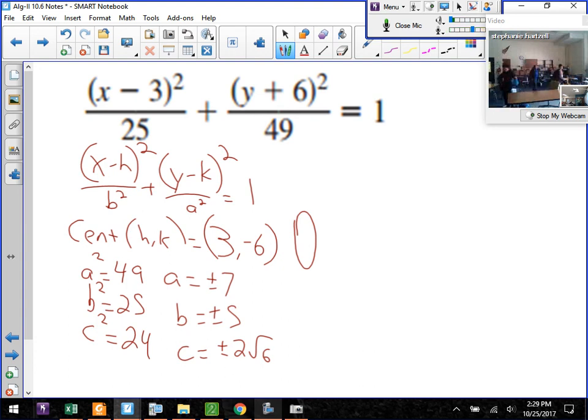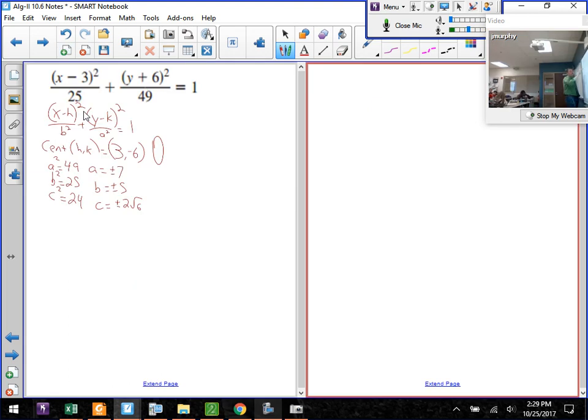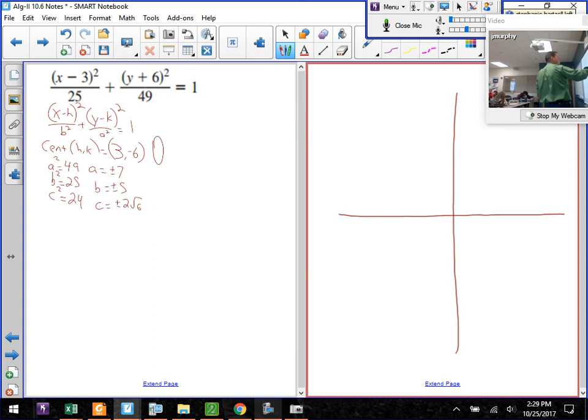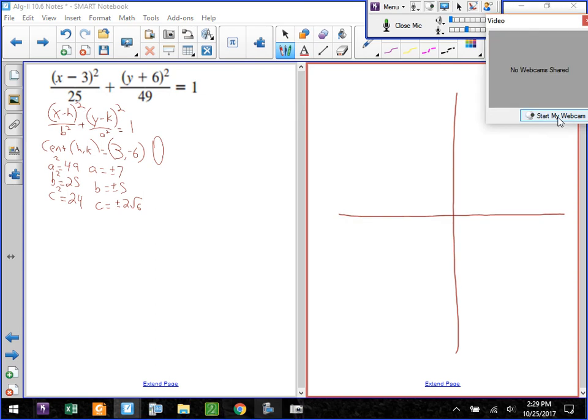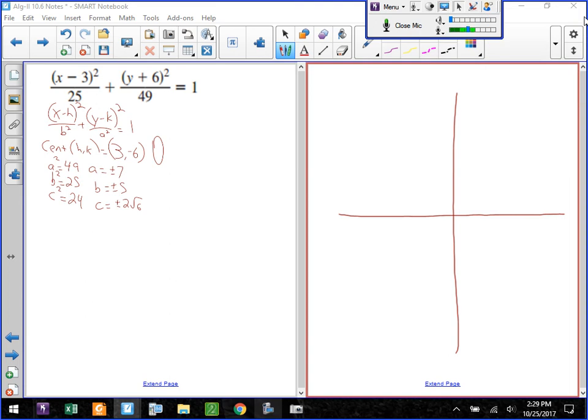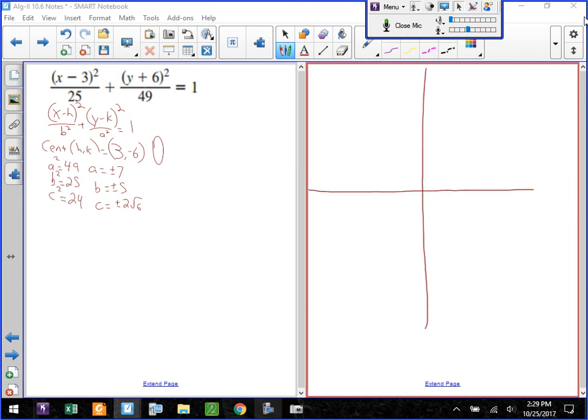And then it is quite literally just start plotting away. Right? Ellipses are easy because you don't have to worry about all the asymptotes. So we got 3, -6. There's our center. From there, our A values have to go up and down 7.